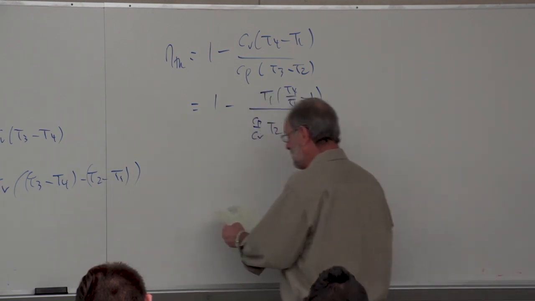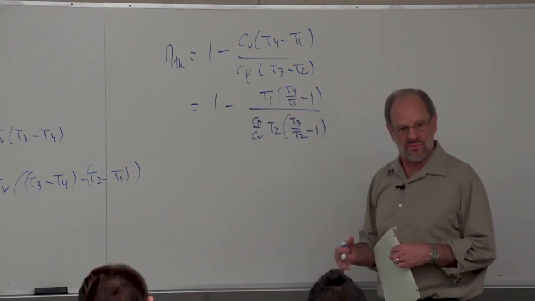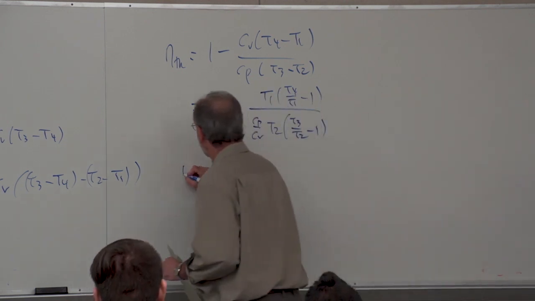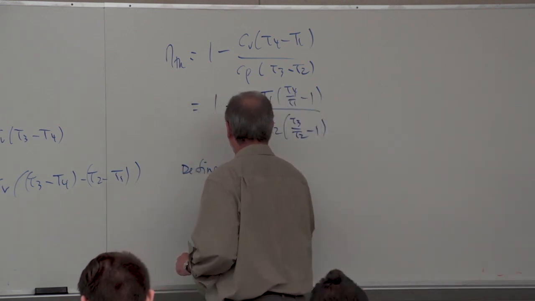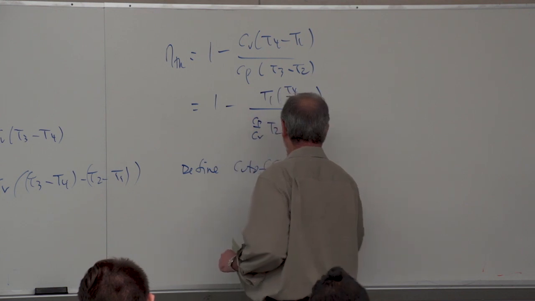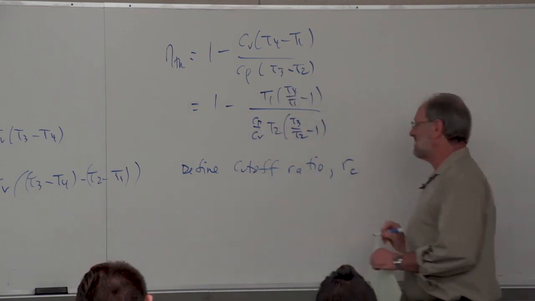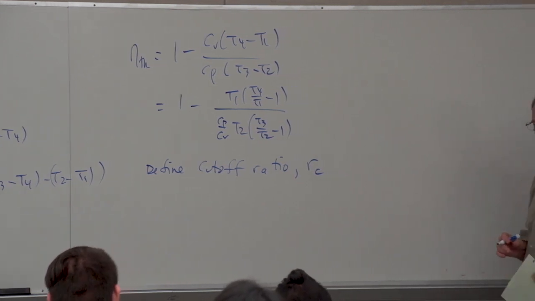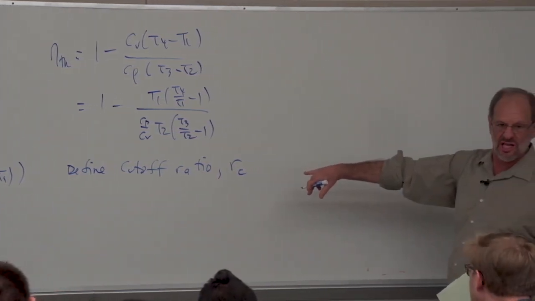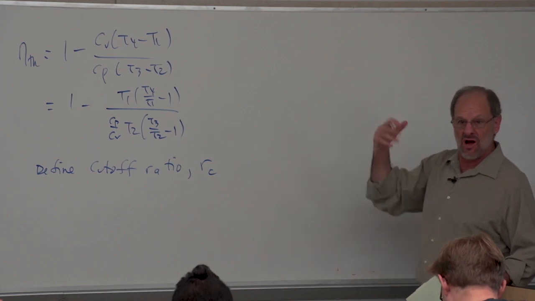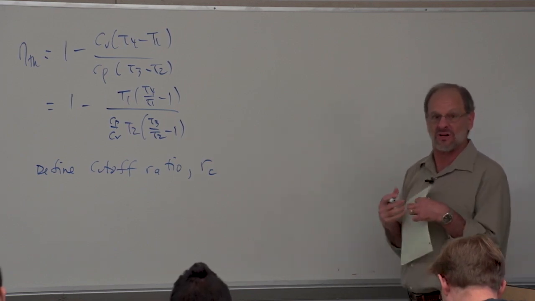And now what I want to do is define a new term that we're going to have to utilize. And this is called the cutoff ratio. And we use R sub C for cutoff ratio. Please don't confuse the subscript C with the word compression. R, without any subscripts, is our compression ratio, right?